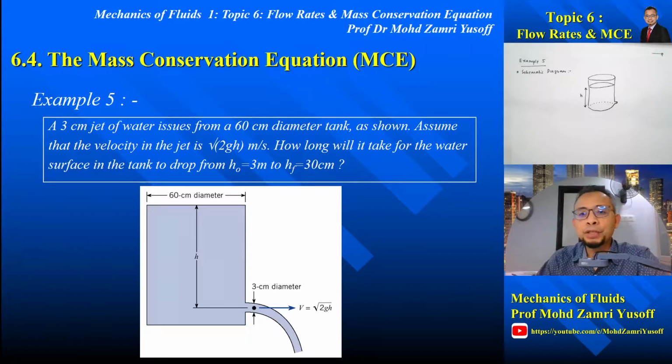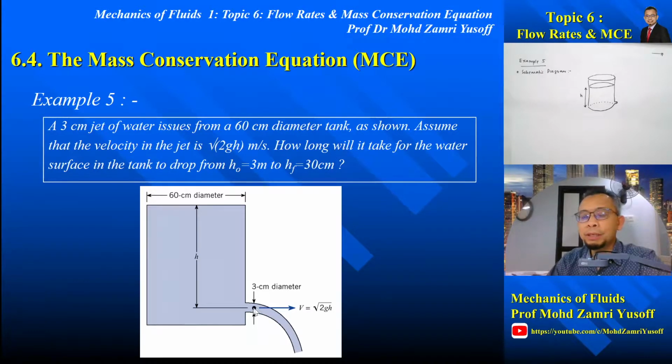So the next application of the mass conservation equations that we looked at is related to an unsteady flow case. Here we have a tank, and at the bottom of the tank there is a hole. A 3 centimeter jet of water issues from a 60 centimeter diameter tank, as shown in this diagram. Assume that the velocity in the jet is equal to root 2gh meter per second.